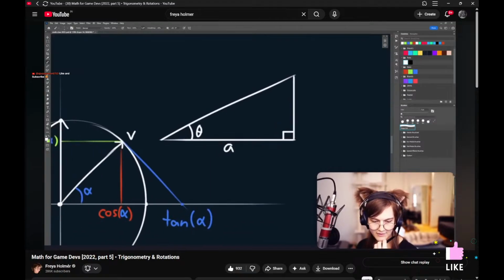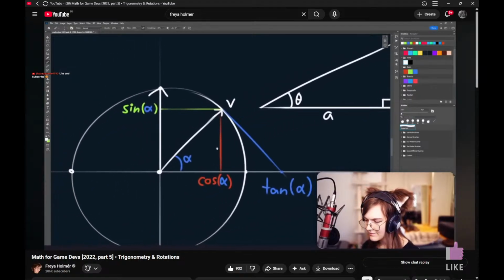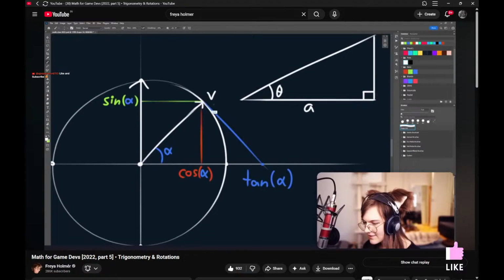Tangent is sine by cosine, right? Then shouldn't it be shorter as the angle goes upwards instead of longer? Well, the tangent is the length of this one. This is what the tangent function outputs.